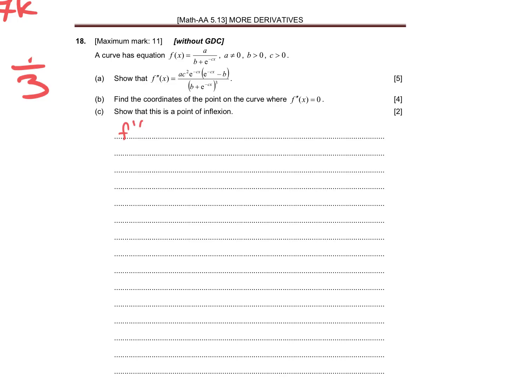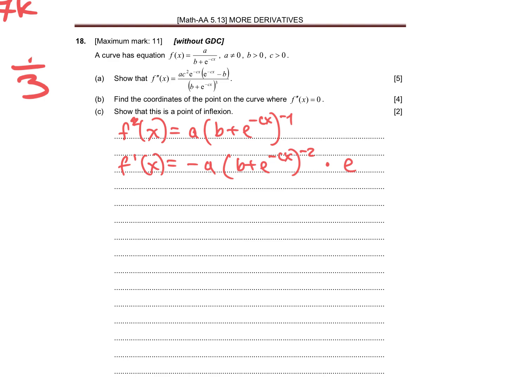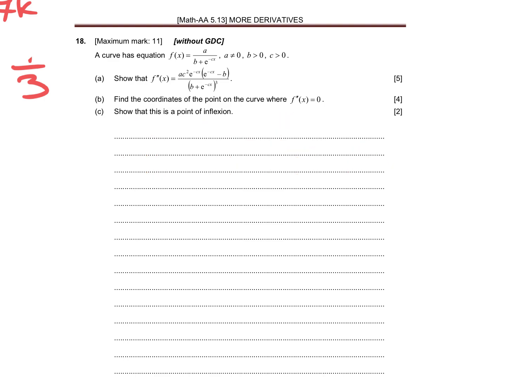Okay, so first derivative, if we rewrite it like this, this is just the function. So the first derivative is going to be negative a b plus e to the negative c x to the negative 2 times the derivative of the inside, which is just e to the negative c x times again the derivative of the inside, which is negative c.